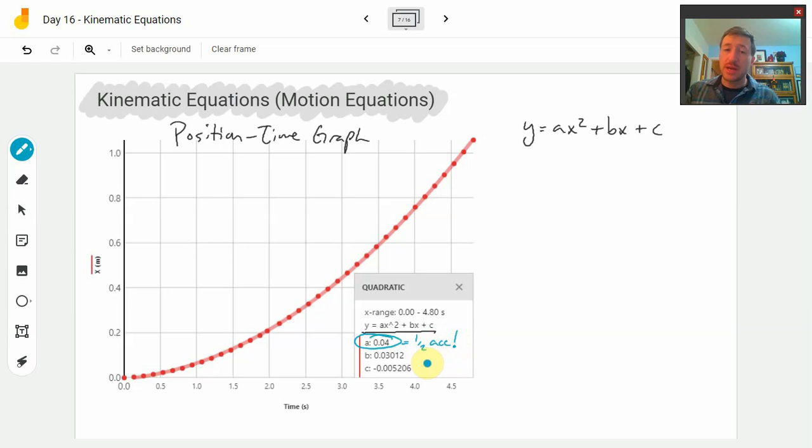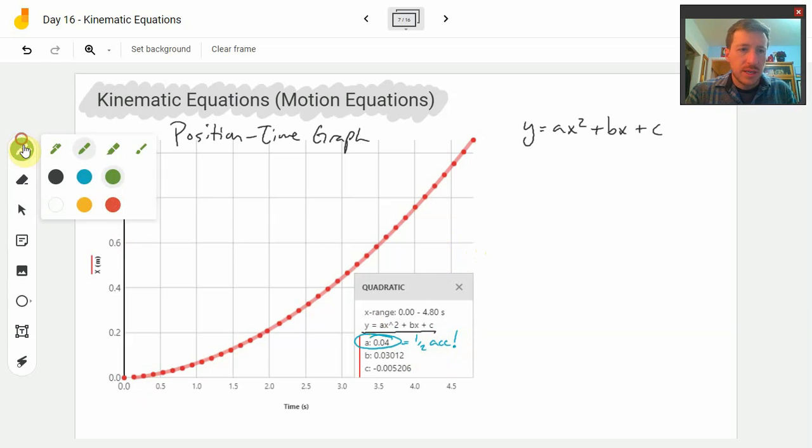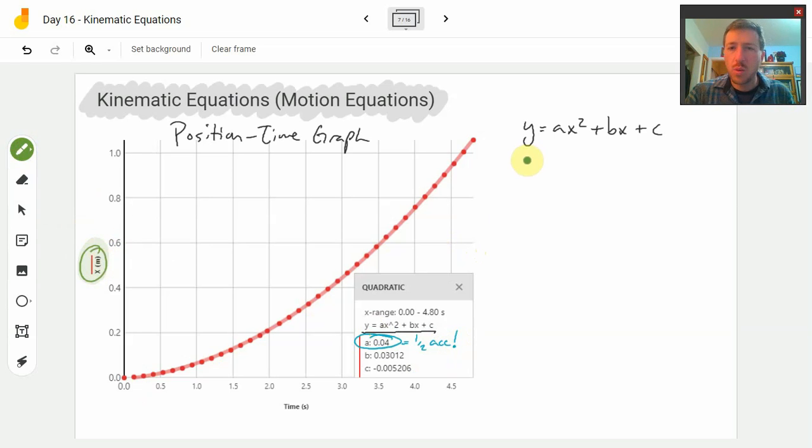And that's a big deal, so we note that. So this a that it gives us here, when we apply this quadratic fit, that actually represents 1/2 the acceleration, right? Our y value, once again, is whatever is in the y-axis. So in this case, our y value happens to be, and this is kind of confusing, so I apologize for that, the symbol we use is x, right? And that represents the position in the x dimension.